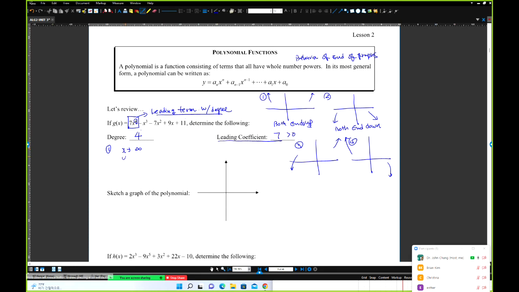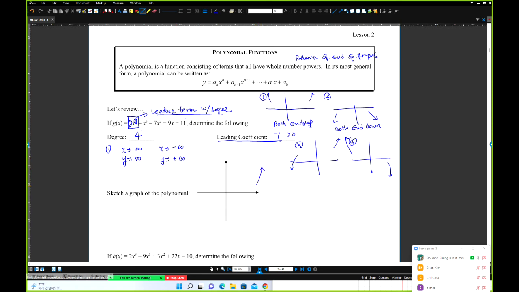When x goes to infinity, y goes to infinity. To the left, when x goes to negative infinity, what is y? Negative infinity to the fourth power is still positive infinity. Positive times positive infinity is still positive infinity. The end behavior is, to the left, rise up.